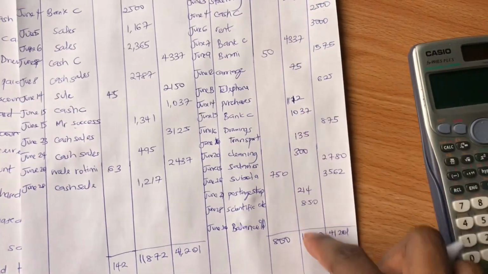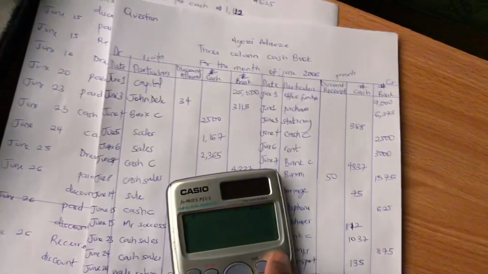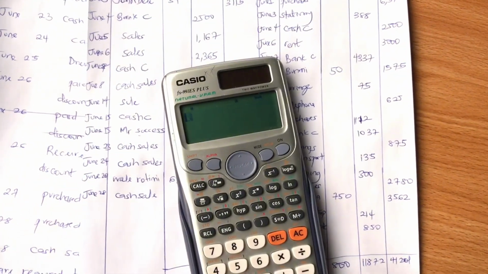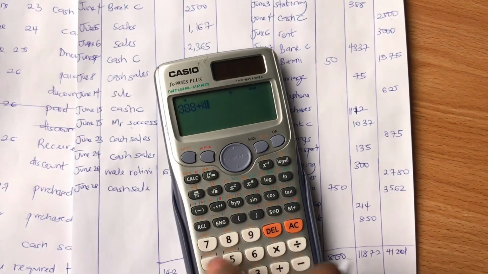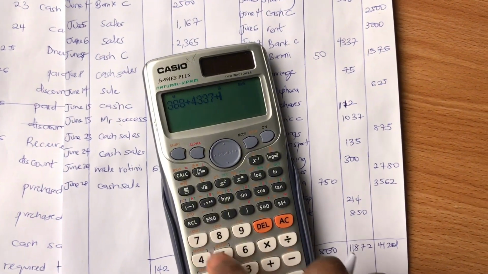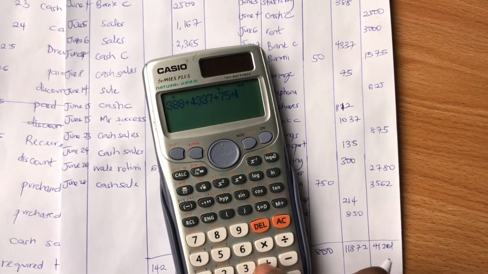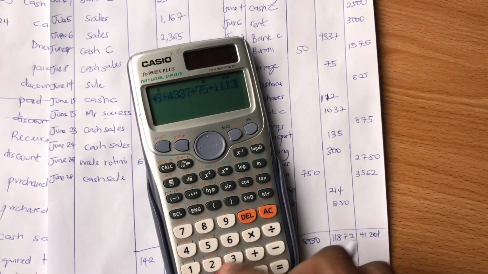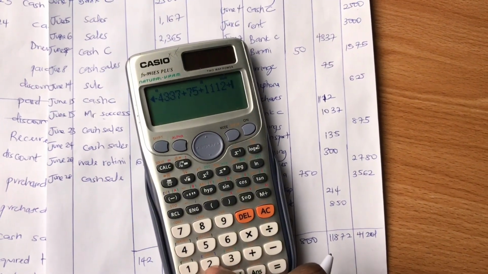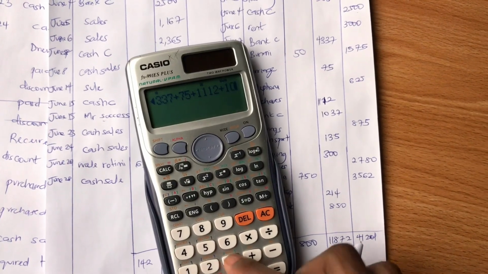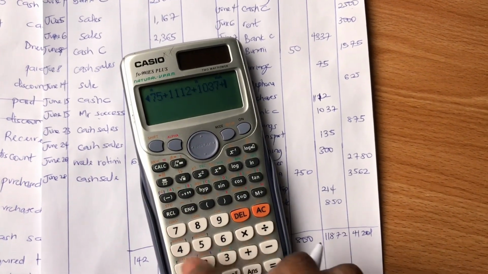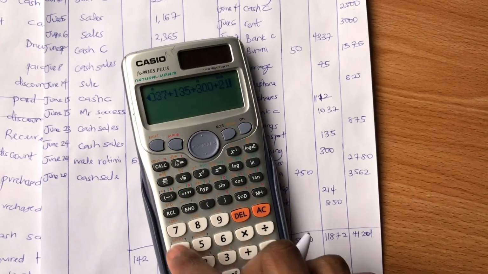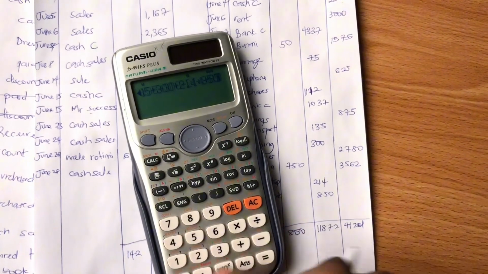So let's add up this cash column. So we have 388 plus 4,337 plus 75 plus 1,112 plus 1,037 plus 135 plus 300 plus 214 plus 850.